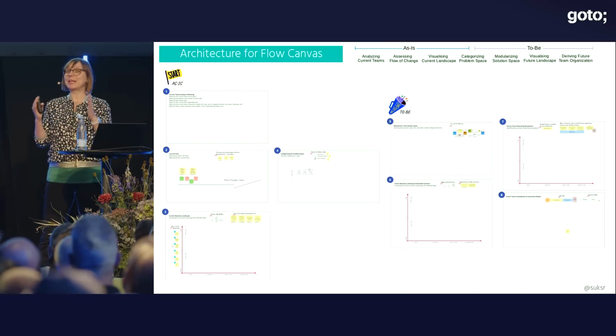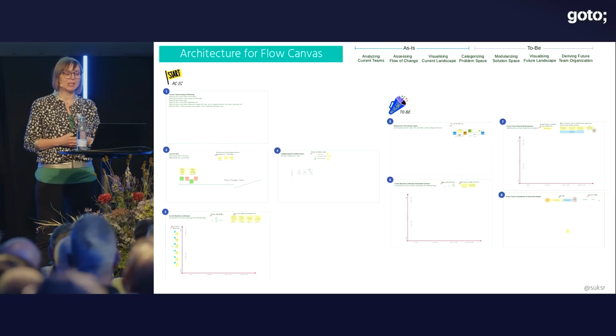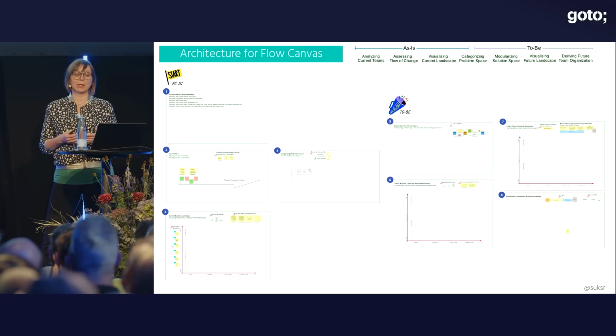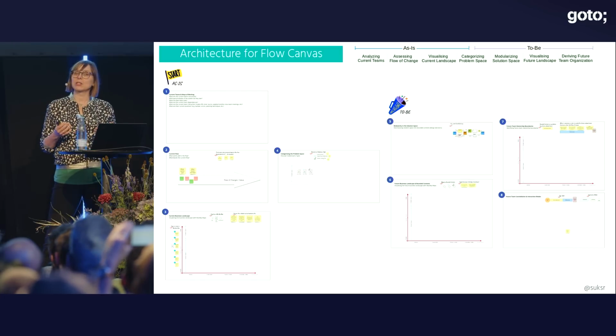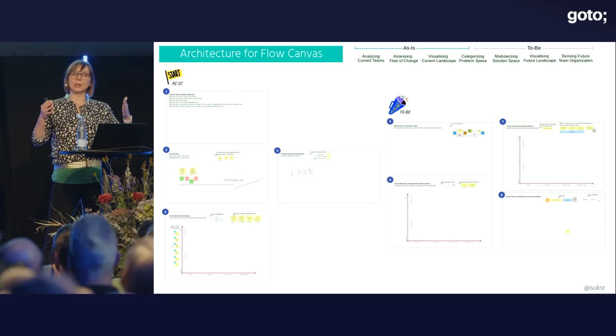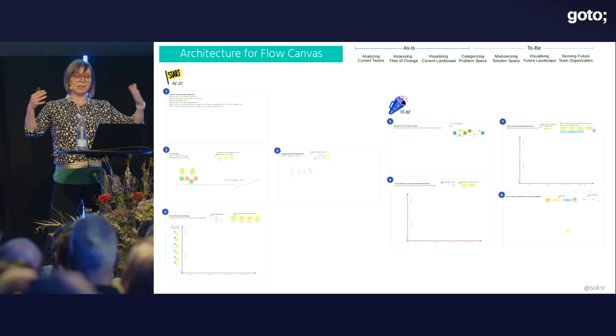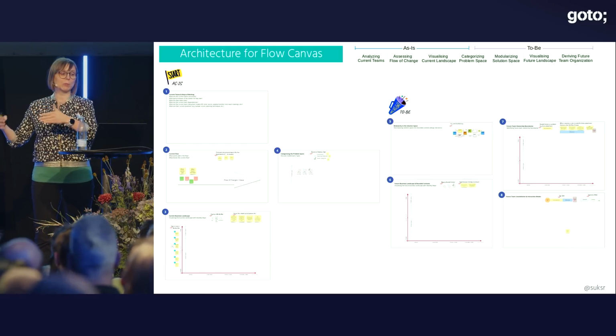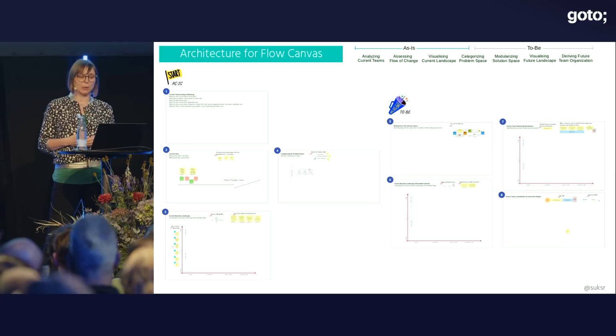I developed an opinionated, to be honest, structured approach, visualized as an architecture for flow canvas, which I would like to share with you today. This canvas reflects assessing your status quo, your as-is situation, and also designing your future to-be situation.